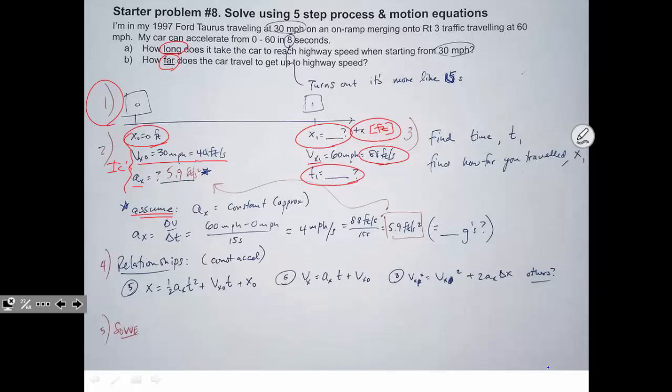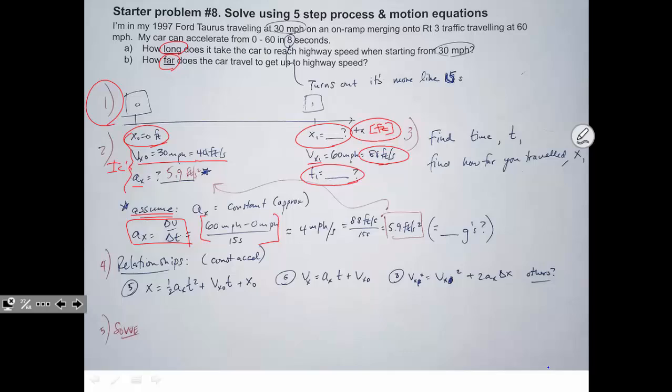So this is 0.18 Gs. This is pretty sad. 0.18 Gs compared to the rocket bike at 1.75 Gs. So I don't even feel myself getting pushed up against my seat when I accelerate in this car. It's so slow.